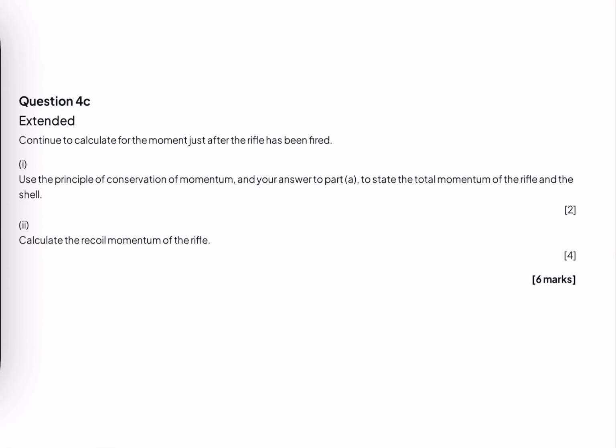Question 4c, continue to calculate for the movement just after the rifle has been fired. Use the principle of conservation of momentum and your answer to part A to state the total momentum of the rifle and the shell.